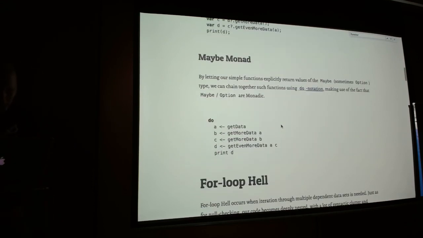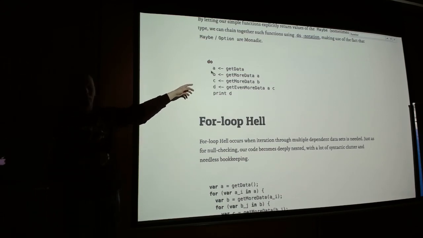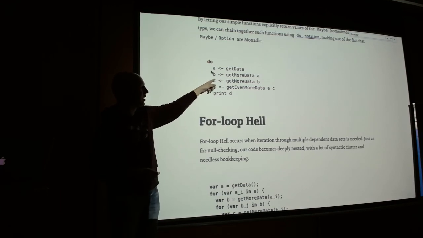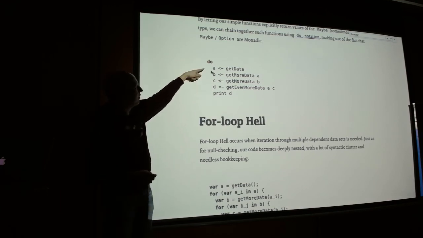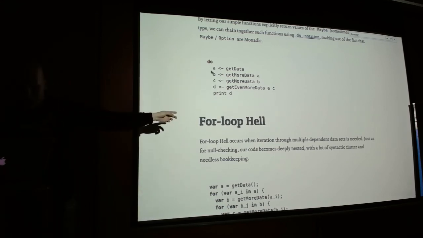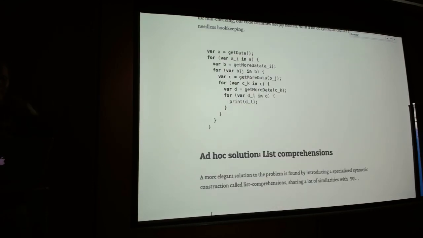But in Haskell and PureScript, you have this do notation that works for every monad, which is basically syntax sugar for bind. So you just compose your functions with Maybe, just like this. Right? It looks just like imperative code. So that's for Maybe. Then when you iterate over nested data, you use, well, nested for.